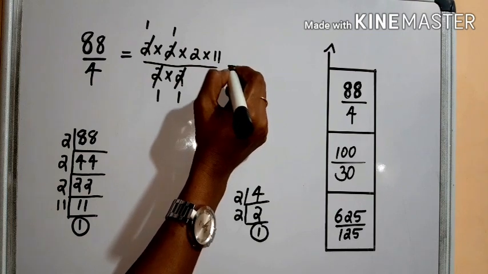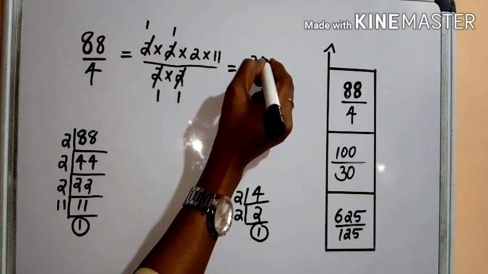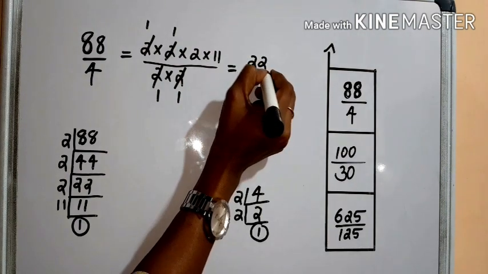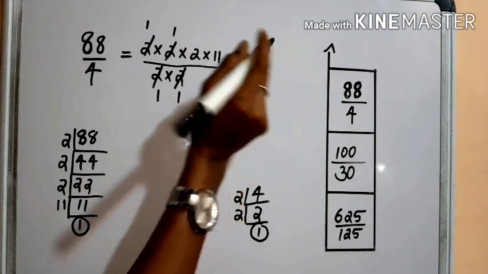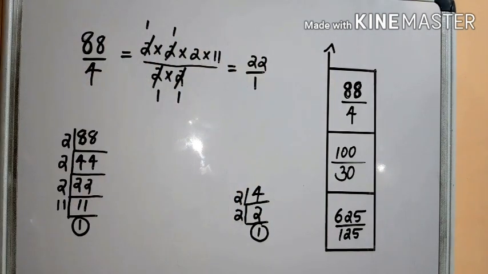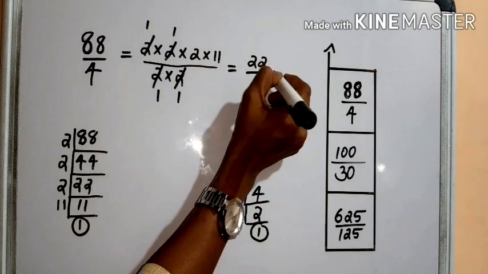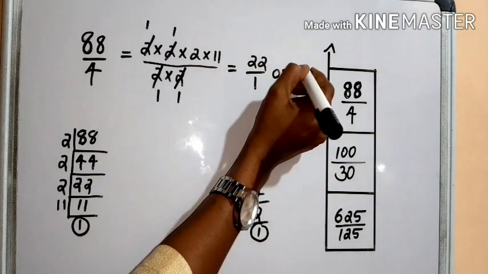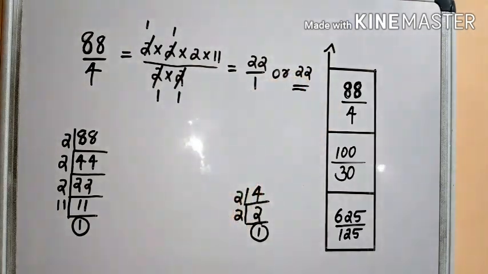Left over here 1 into 1 into 2 into 11, 22, right? By 1 into 1, 1. Okay. Its reduced form or lowest form or simplest form is 22 by 1, or if you need you can write 22. Is it clear, children?